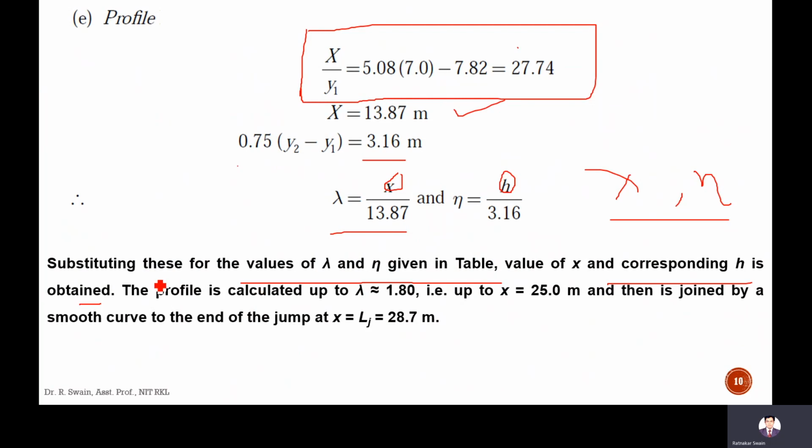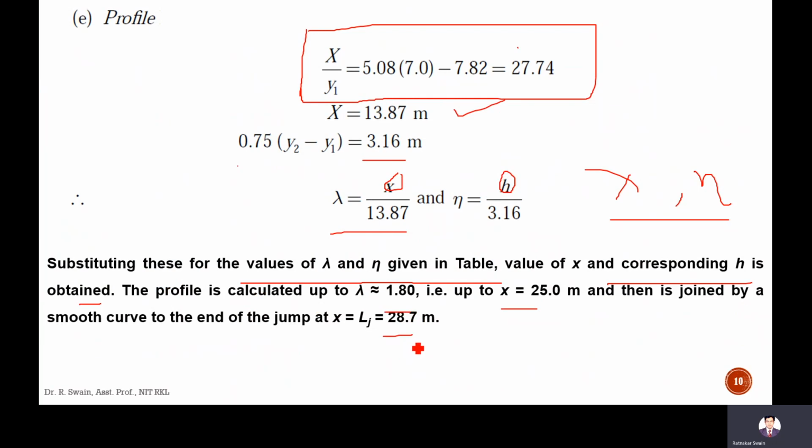Like I told, the profile is calculated up to lambda equal to 1.8, that is up to small x equal to 25 meter. After that, it is joined by a smooth curve to the end of the jump, that is x equal to Lj, 28.7 meter.